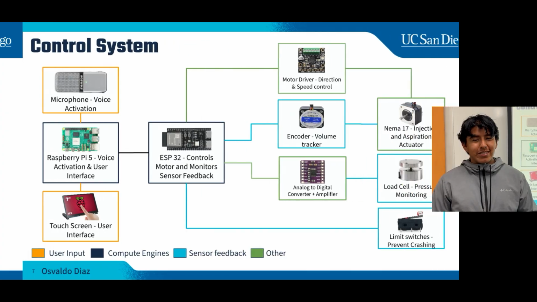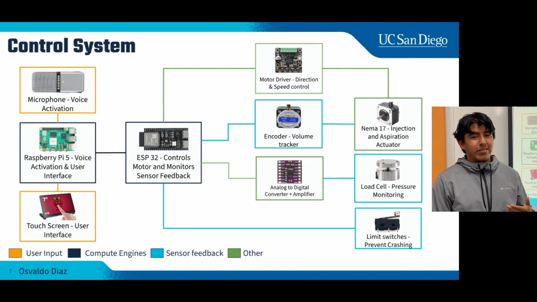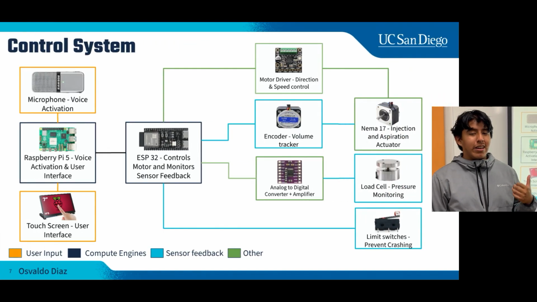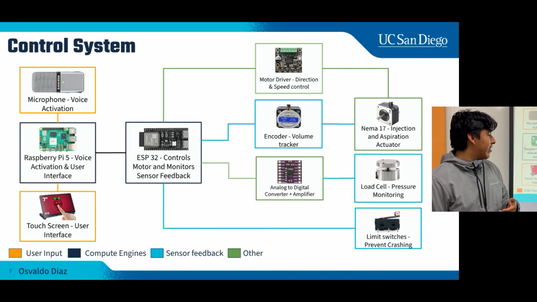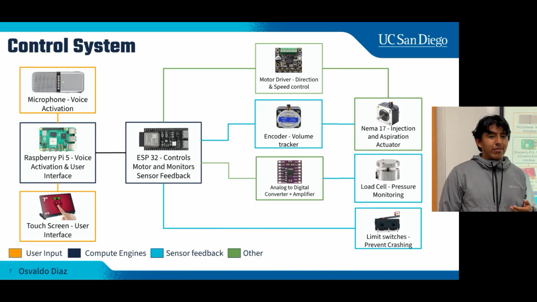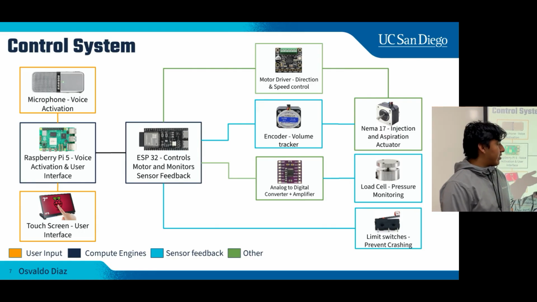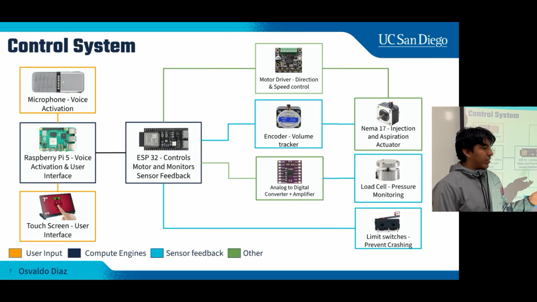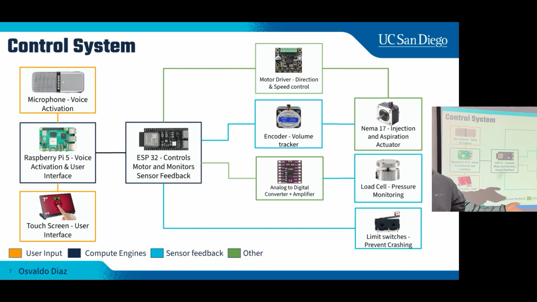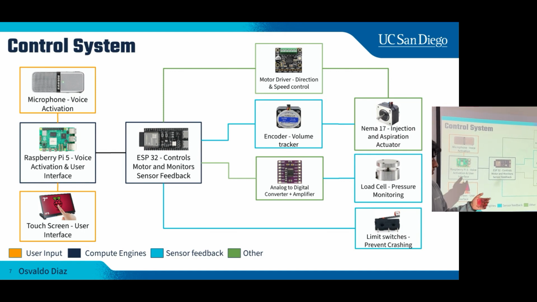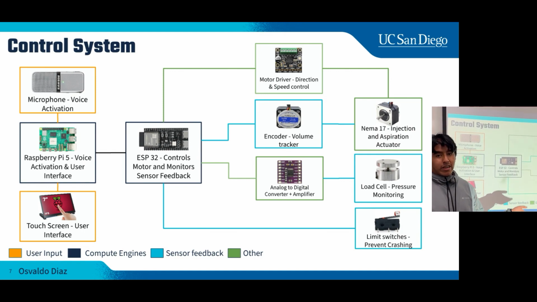So for our control system, we have a dual processor architecture with a Raspberry Pi 5 handling the voice activation software and the user interface, along with the ESP32 handling the controls for the motor actuation and the sensor feedback with the load cell, which will be monitoring the pressure, along with limit switches preventing the carriage from crashing and destroying itself.